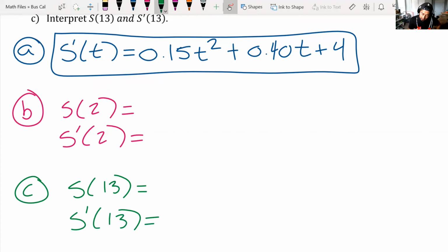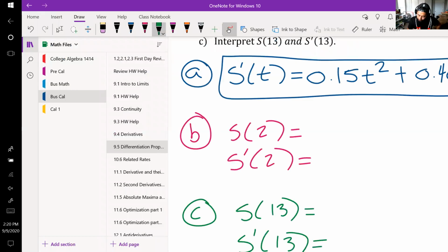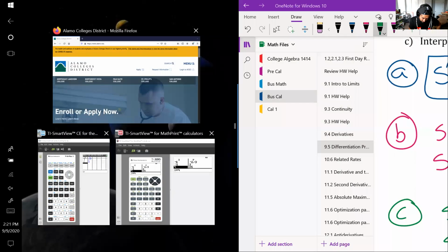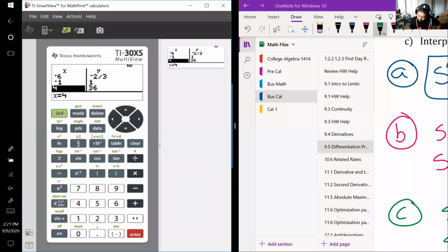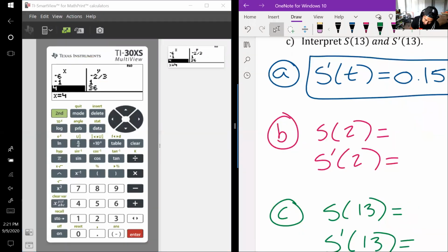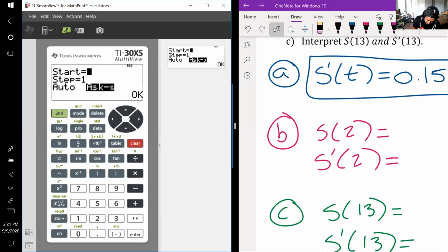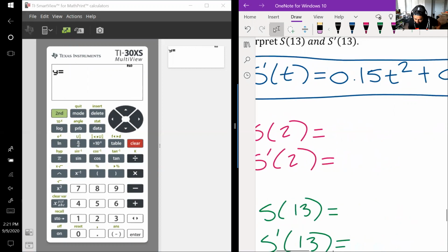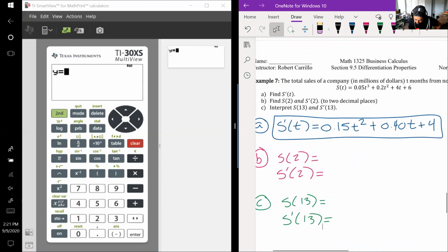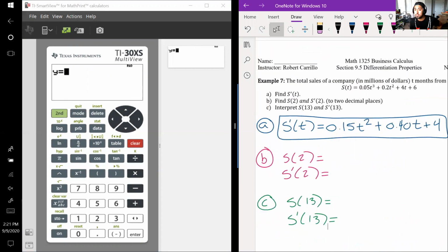All right, calculator time. Clear, clear, clear, clear. All right, then let's see my function. We'll go with regular s of t first.